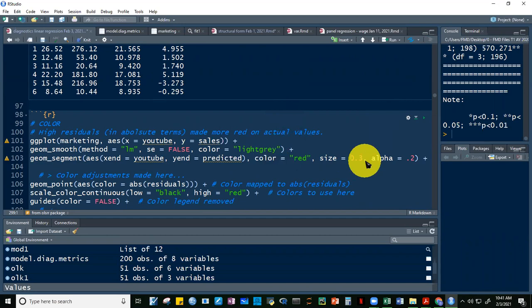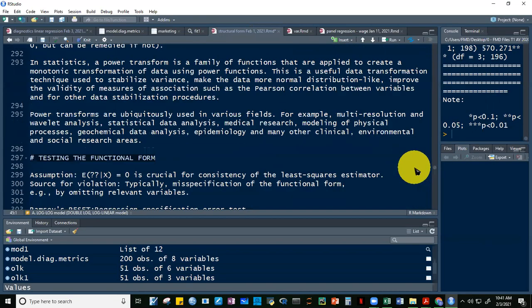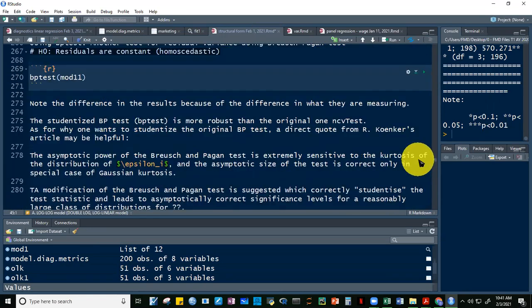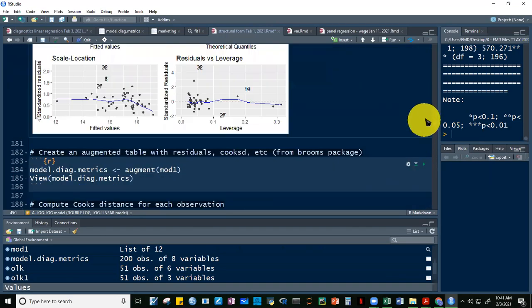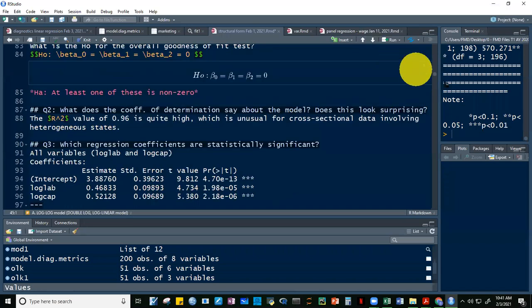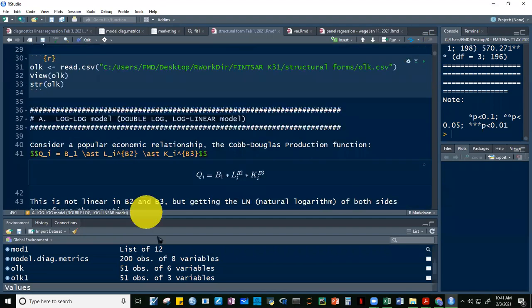Para makita nyo kung i-assess nyo rin yung model number 2 natin kung yung linearity, homoscedasticity, normality, at saka yung outlier, at saka yung influence point. Okay, so itong last na document na to guys, pareho lang yan. Okay, in fact, what I did here was, ito yung inano ko sa inyo last time. I made sure na on your own kaya nyong basahin. And pattern and do an analysis using this.